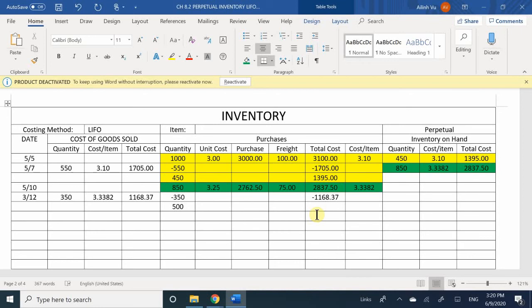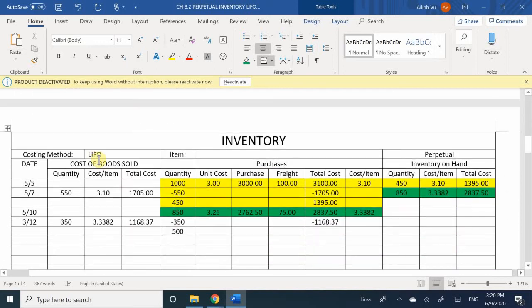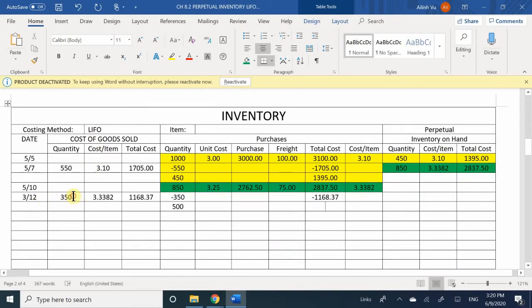Shouldn't we have sold 360? Let's see. Oh, wait. We sold 360. All right, good catch there. 360. So let's recalculate this real quick. 3.3382 times 360.